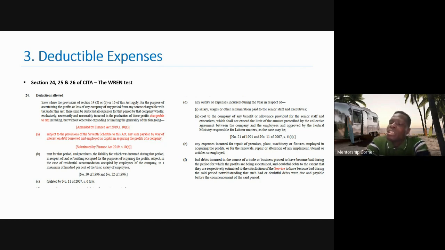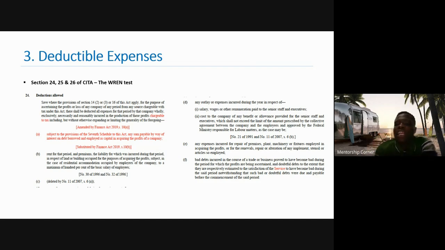So what he's simply saying is that any amount that you give to your senior executives, maybe a 13th month bonus, as long as it is documented and it is not outrageous, then they are also allowable expenses. So salary to your employees, salary to your workers, they are all allowable expenses.